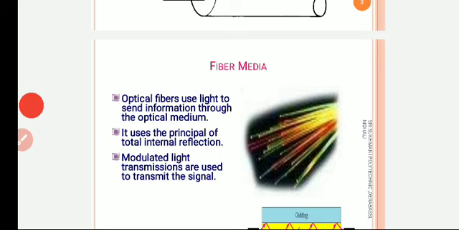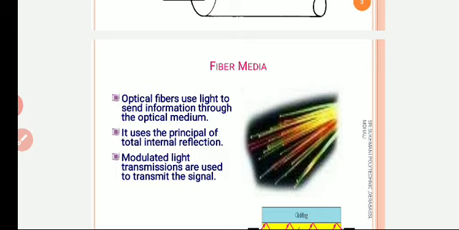Fiber media. Optical fiber uses light to send information through an optical medium. It uses the principle of total internal reflection. The light generated by the laser source or the LED source is first modulated in accordance with the information signal.